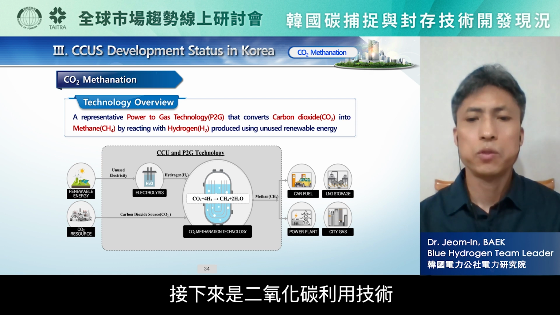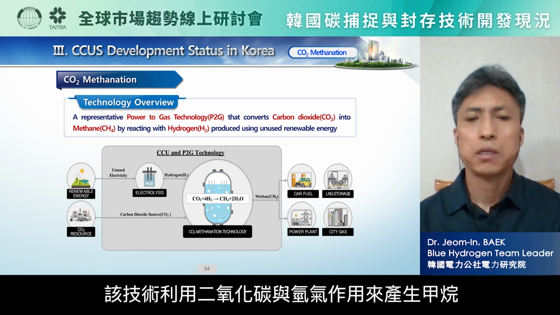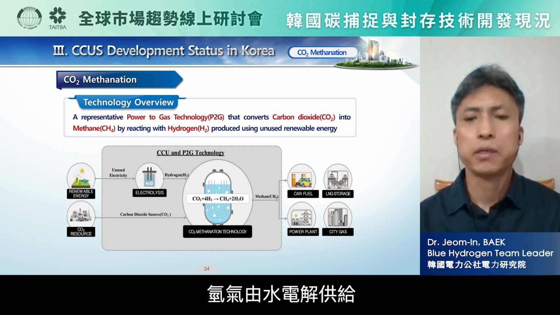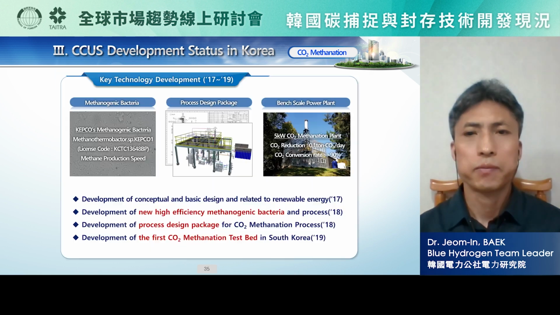I'll move to CO2 utilization technology. KECO is developing CO2 methanation technology. In this technology, CO2 reacts with hydrogen to produce methane. Hydrogen is supplied by water electrolysis using unused renewable electricity.